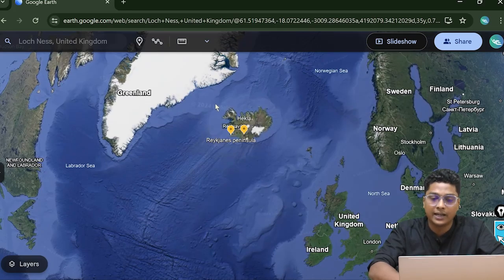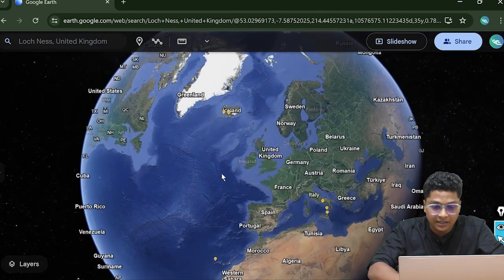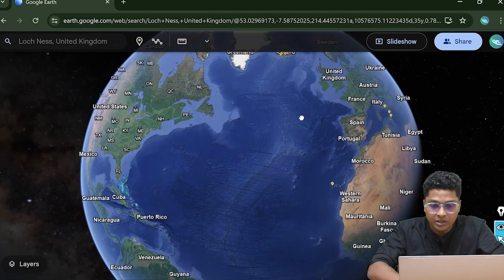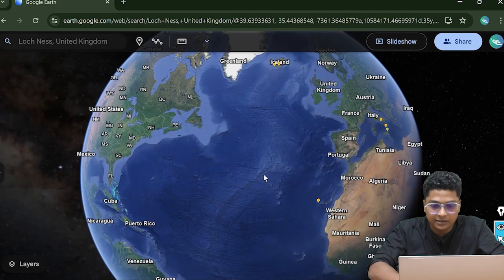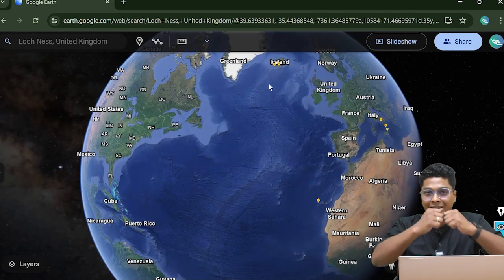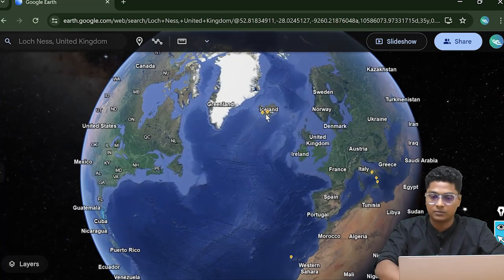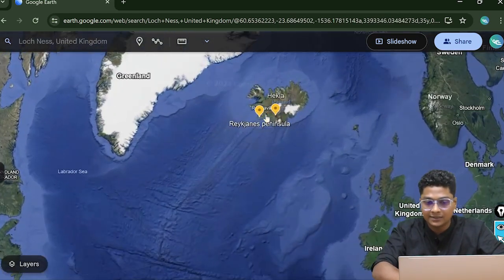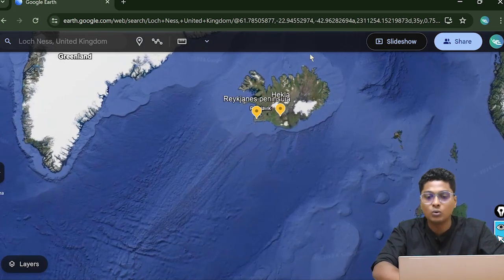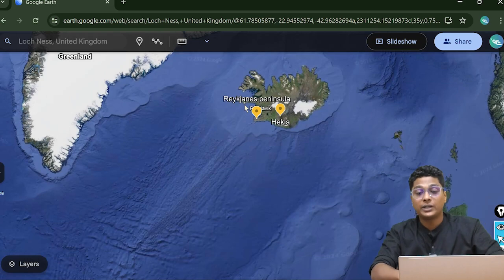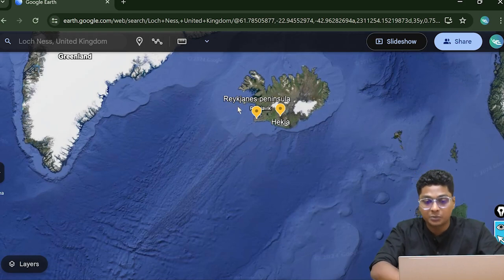Coming back to this particular region here in Iceland. As you can see, this is the Atlantic Ocean. This ridge here is the Mid-Atlantic Ridge, where the plates are moving away from each other. It is passing through Iceland. Because of that, this fault is passing through Iceland, and this particular peninsula has frequent eruptions.